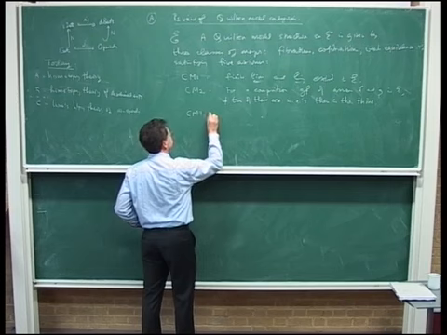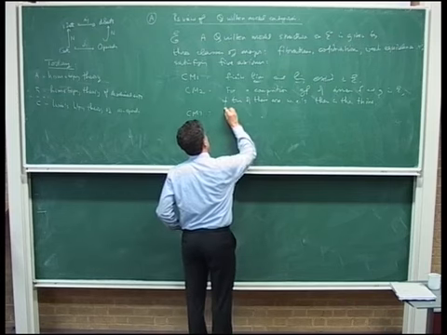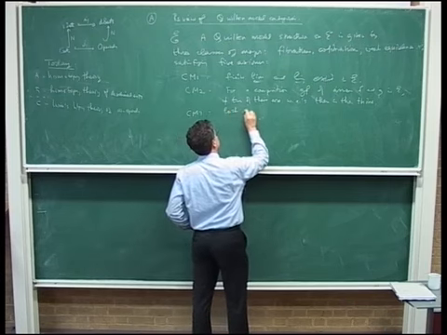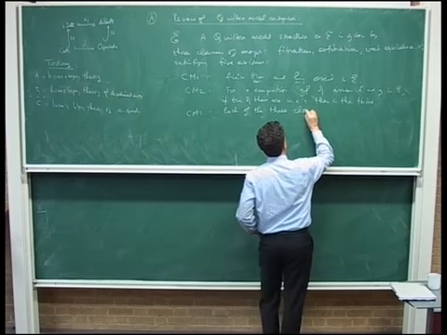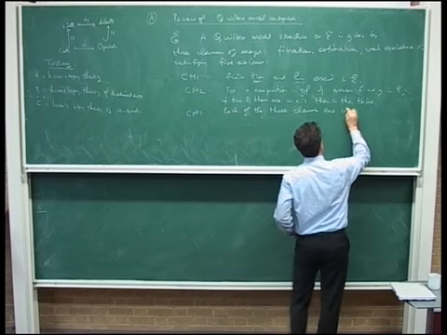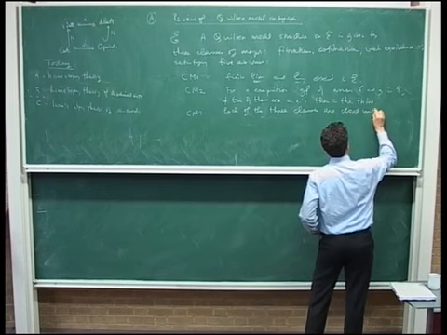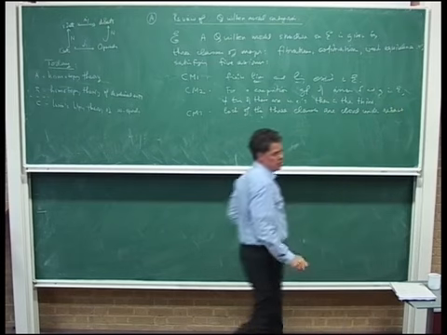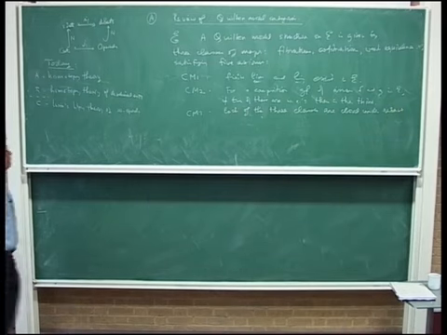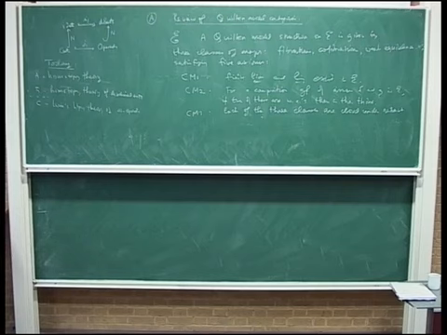CM3 says that each of the three classes are closed under retracts. So this is referring to the notion of one arrow being a retract of another arrow.